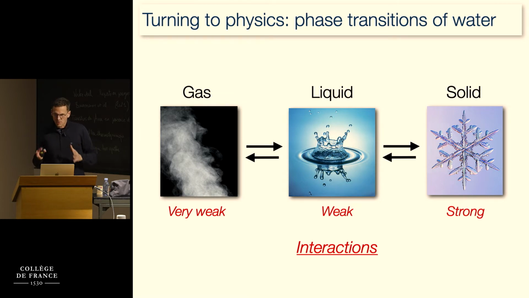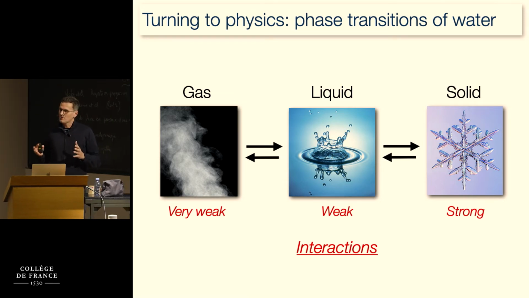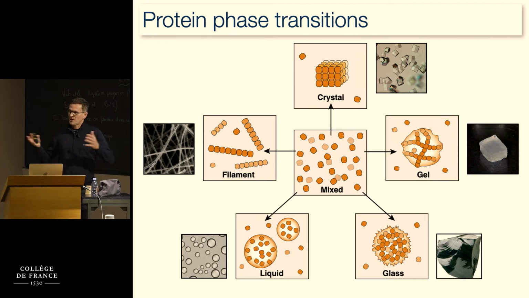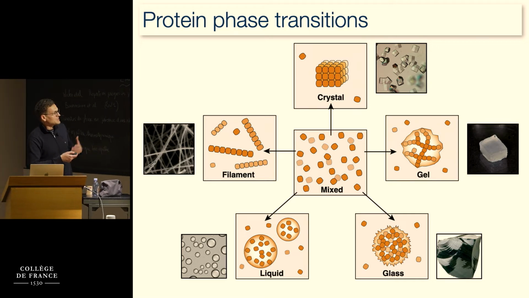This is water, but of course we're dealing with biology. The important realization is that biomolecules, especially proteins, can also undergo phase transitions. What you see here are proteins that are initially well mixed in a solution, in a buffer maybe, and then they demix and undergo phase transitions.